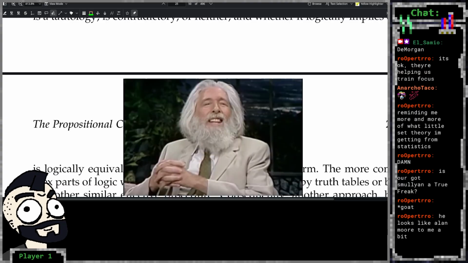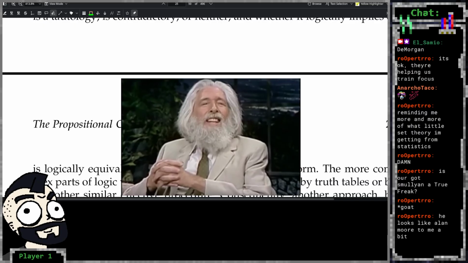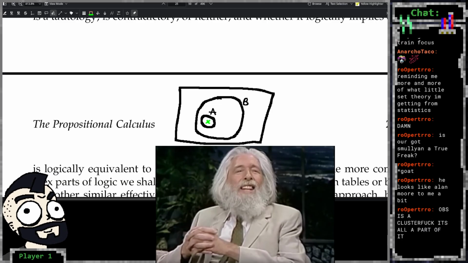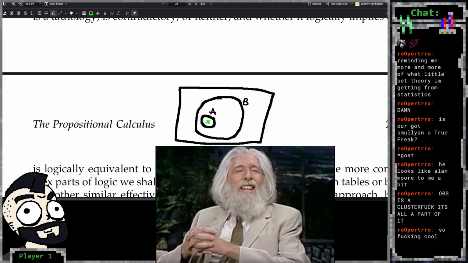There we go. That is Raymond Smullyan. In some late night TV show. I mean, much like Alan Moore, Raymond Smullyan was a magician. Like I'm not messing with y'all. The man was an actual magician. He did magic tricks, illusionism.